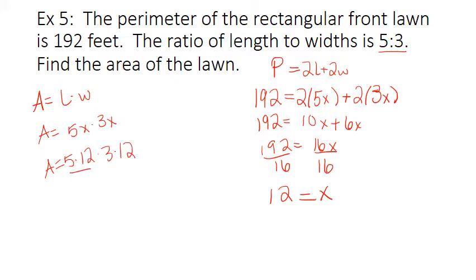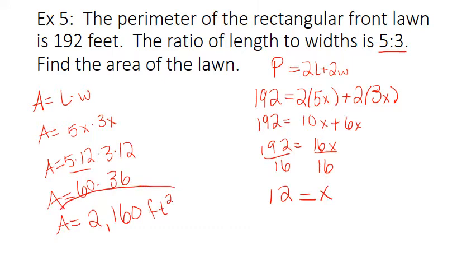Well, 5 times 12 I know is 60. And I know that 3 times 12 is 36. So now 60 times 36, and if you need your calculator for this, that's totally fine, but it should be 2,160 feet squared, because we were talking about feet in this example.